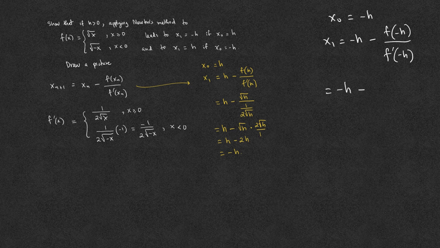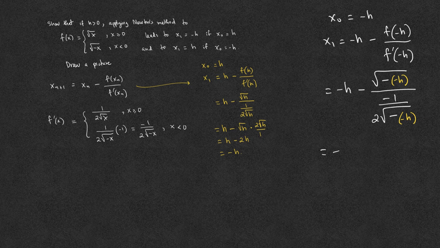F of negative h is the square root of negative x, but x is now negative h. For f prime of negative h, we would use negative 1 over 2 root negative x, but the input is negative h.